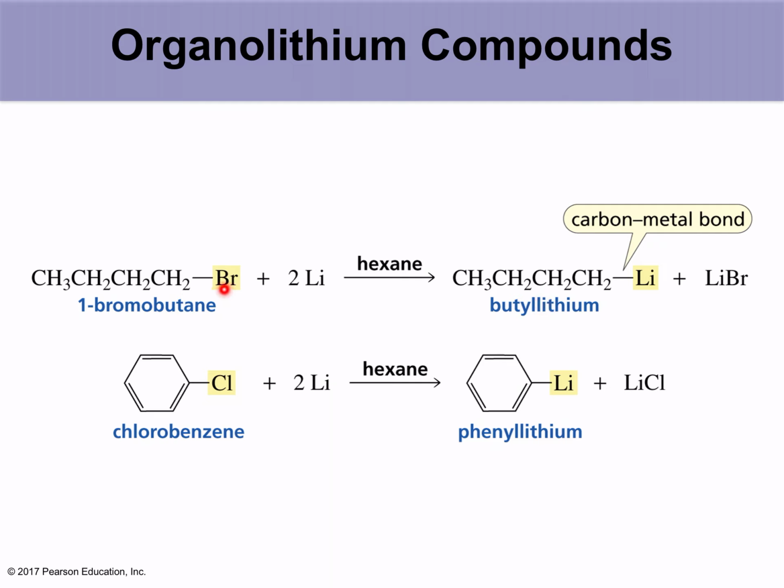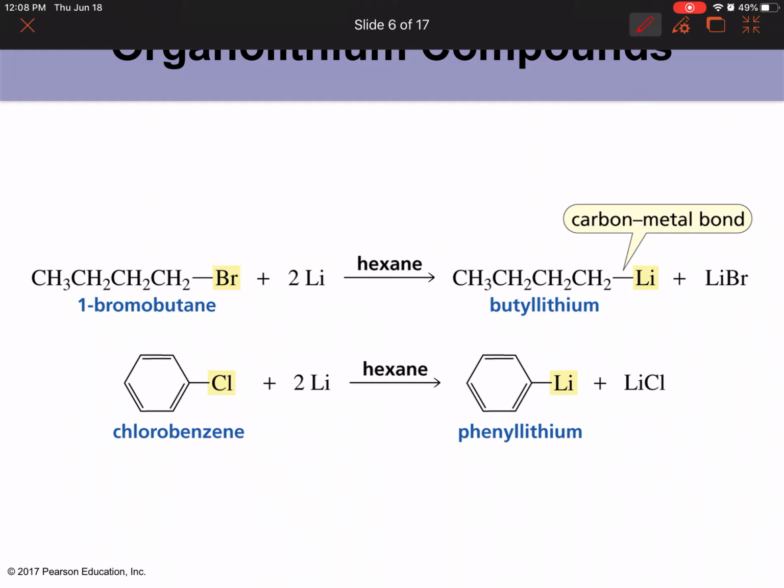Earlier, with the bromine attached here, bromide is electronegative compared to carbon, and carbon is electropositive. But once the lithium takes the place of the bromide, lithium is electropositive and carbon becomes electronegative.